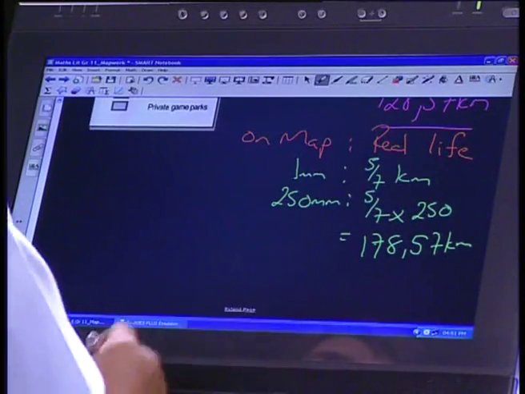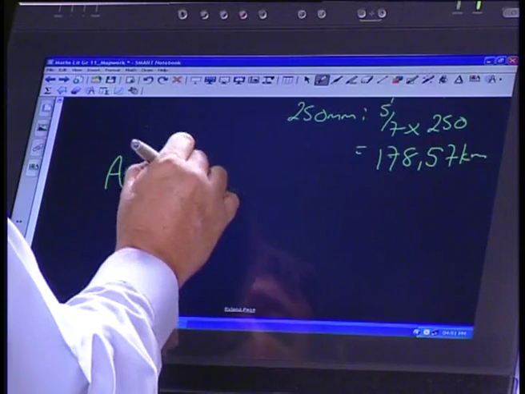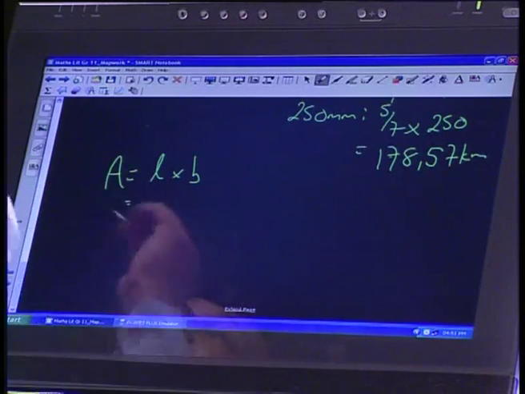You know, the formula for area for a square, or a rectangle rather, is length times breadth. So let's go all the way down here, and I'm going to say, okay, great. Area, we know, is length times the breadth. What I have to do is I have to find the length of the block and the breadth of the block. So back to our diagram.